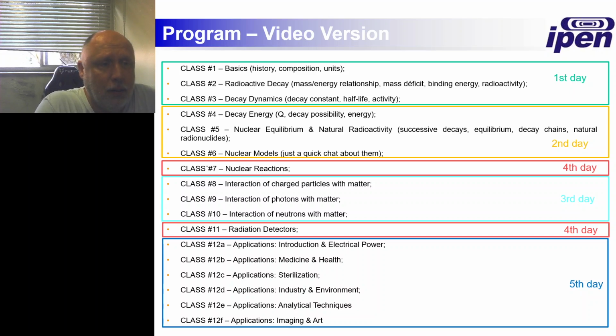Second class is about radioactive decay, the mass over energy relationship, the mass deficit concept, what is binding energy, where it comes from, and where does radioactivity come from, the property that makes some nuclides emit radiation by themselves. Third class, we talk about decay dynamics, which is the kinetics of decay.